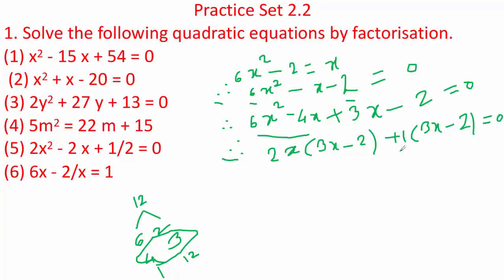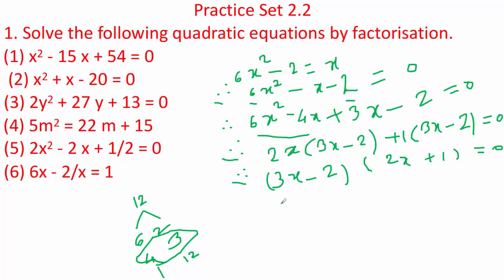In both the terms, the factor 3x minus 2 is common. Therefore, I shall take 3x minus 2 common. This is a common factor. And remaining terms are in the second bracket, 2x plus 1 equal to 0.